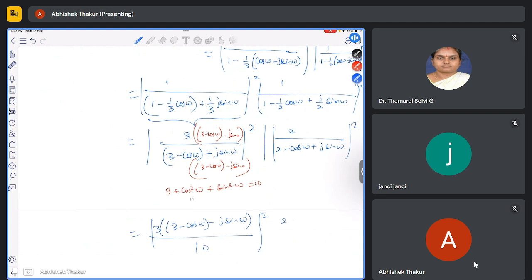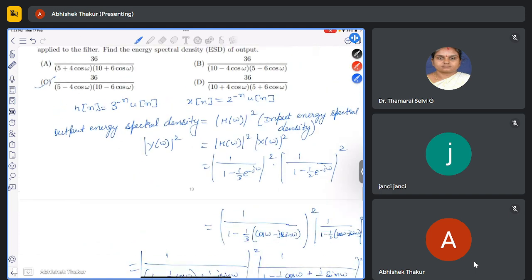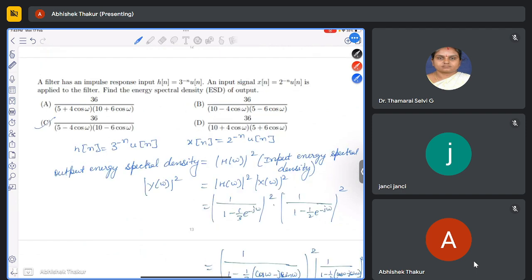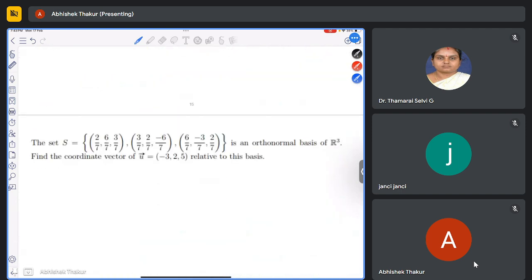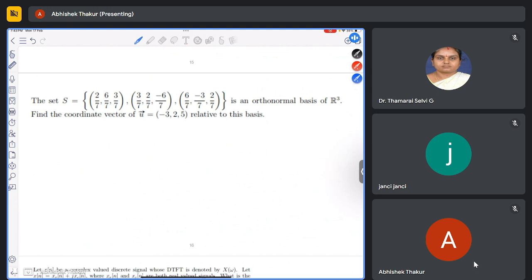It will become 2, 2 minus cos omega minus j sin omega, and this value will be 5. So now we can easily calculate and you will get option number C. So now we'll move on to the next question.